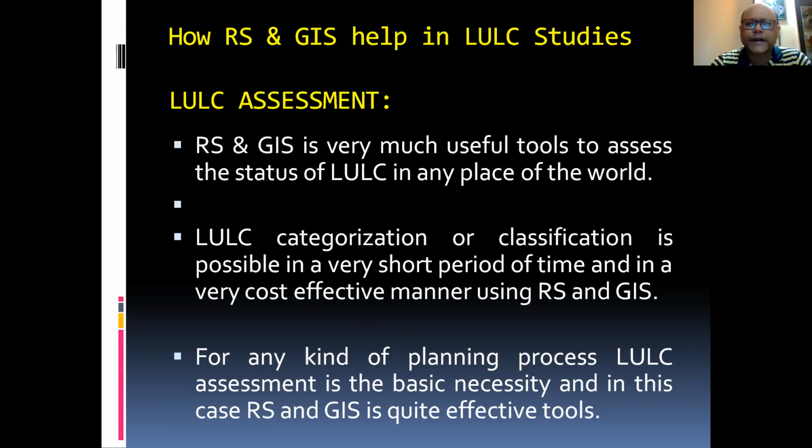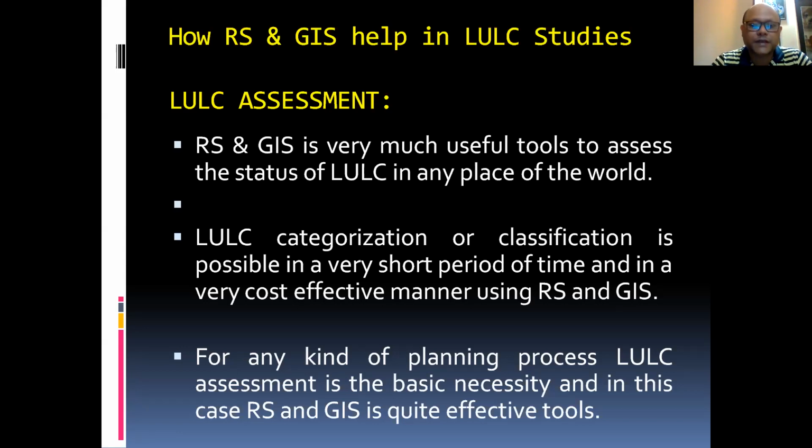So we have different categories of land. For example, we have forest cover. Within the forest, we have semi-evergreen forest, mixed forest, deciduous forest, dense forest, open forest. So different categorization is there within the forest. In the built-up area, we can categorize built-up urban, built-up rural. Similarly, in agriculture, we have kharif agriculture, double crop agriculture, and rabi agriculture.